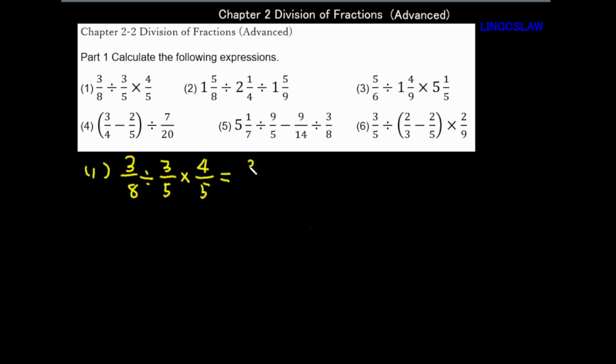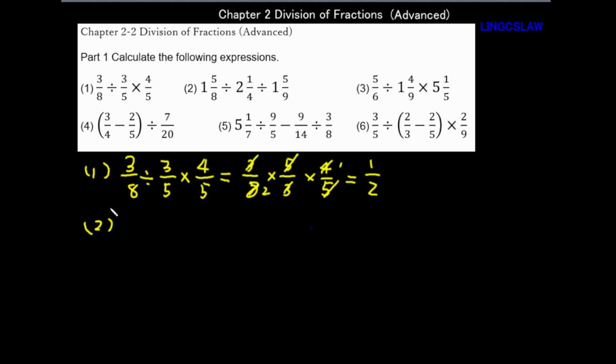So this will be 3 over 8 times, and switch these two numbers, 5 over 3 times 4 over 5. So 3, 5, 3, 4, 5. And let's simplify this one, and again this one, and this one 1, this one 2. So the answer is 1/2.